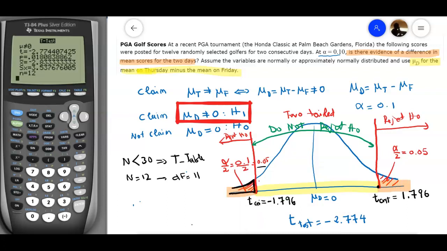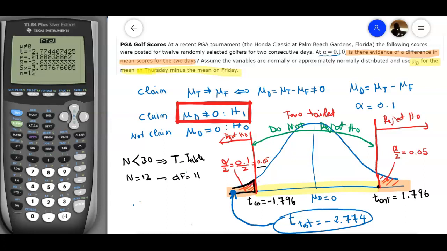All right, so looking at your t-test and plotting it on your graph, so minus 2.77, this is minus 1.79, so definitely gonna be somewhere here. So this is the t-test, and obviously it is within the rejection zone. So you're gonna reject H0. If you do reject the hypothesis, then you have enough evidence to reject it.